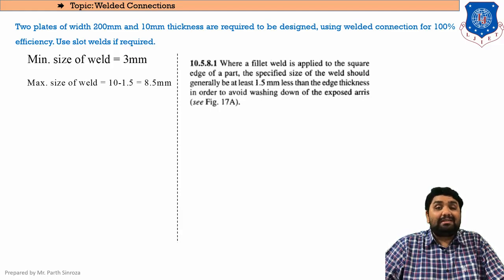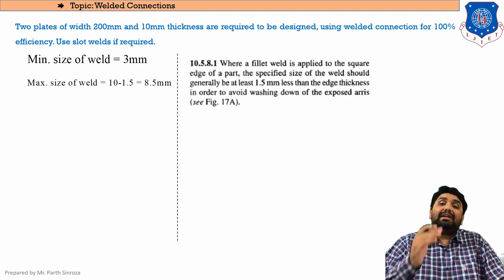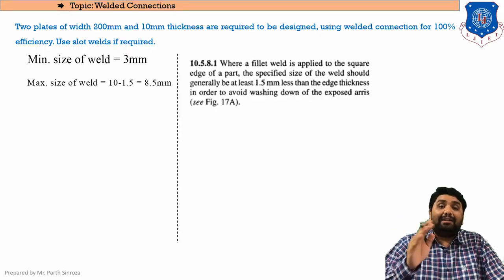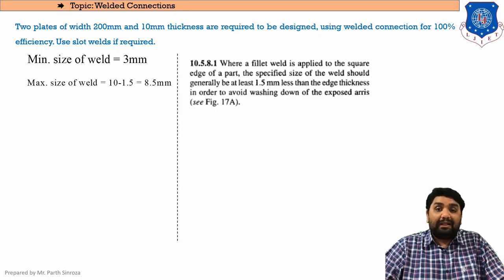So total thickness here is 10 mm, so 10 minus 1.5 will be 8.5. So the range that we are getting is a lower value of 3 and an upper value of 8.5. So we can adopt any value in between. You can take 4, 5, 6, 7, any value you can assume. Here I have taken size of weld to be 6 mm. You can take 5 or 4, that is no issue in this case.